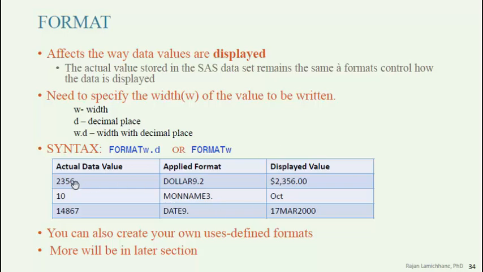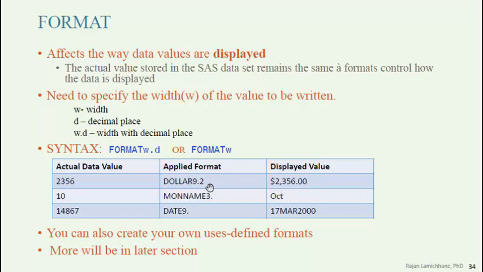For example, if we record the data as 2356 as actual data, and we apply a format like $9.2, then it represents this data as $2,356.00, with 2 decimal places and a comma also.